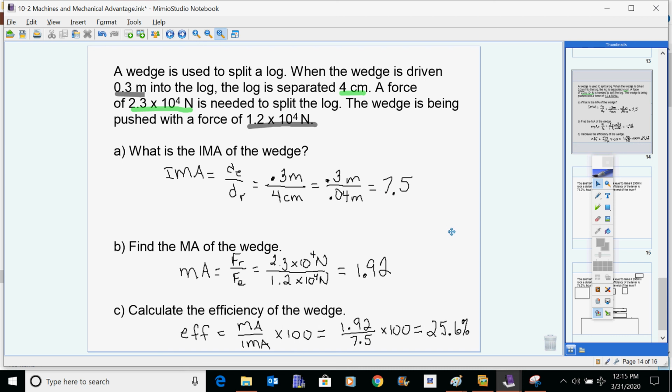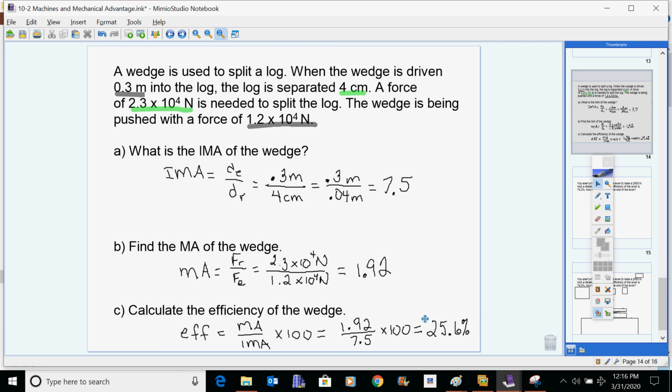Now, when a log is split, there's a lot going on. There's heat generated, and there are different things happening as this log is being split. So this efficiency is not necessarily bad, it's just what's happening. Now, if you sharpen your axe a little bit more, you'll become more efficient.